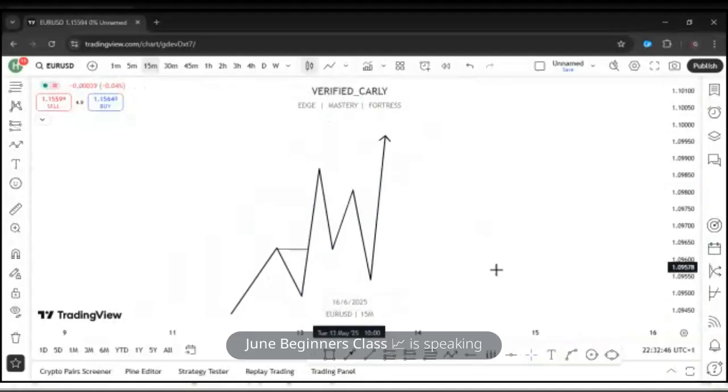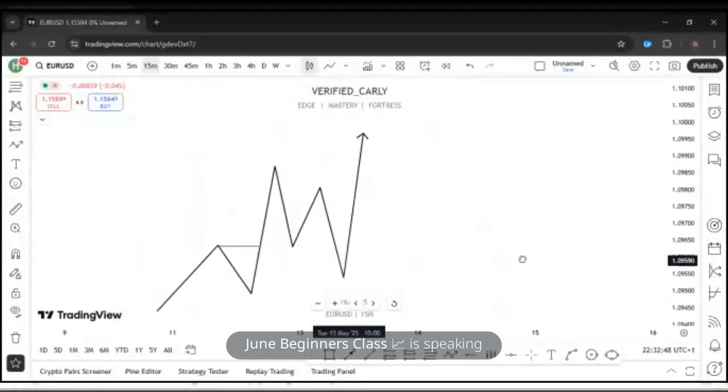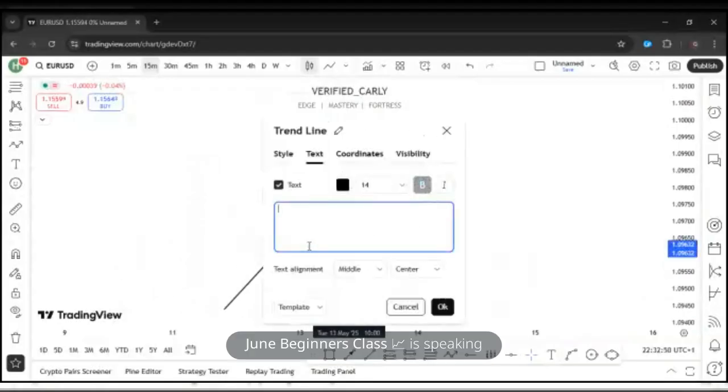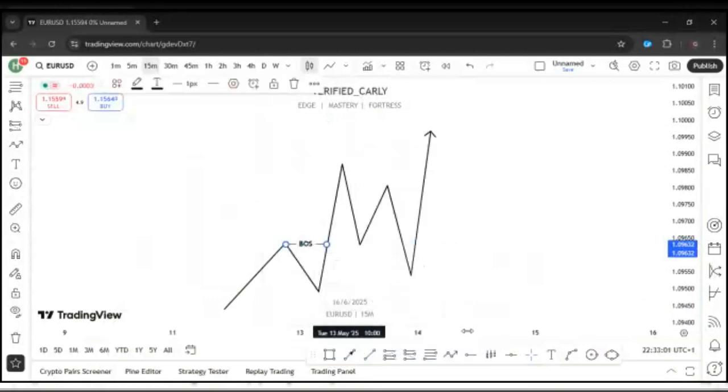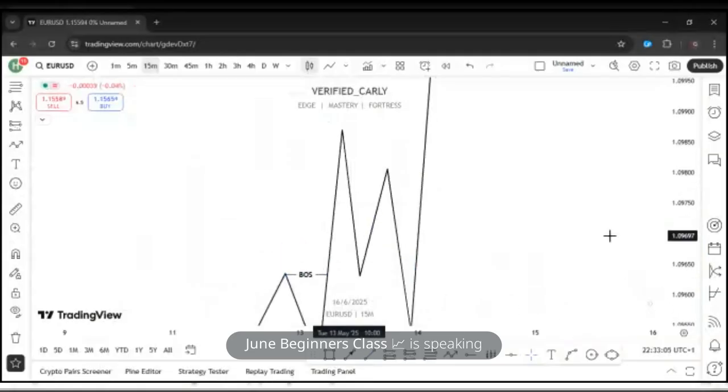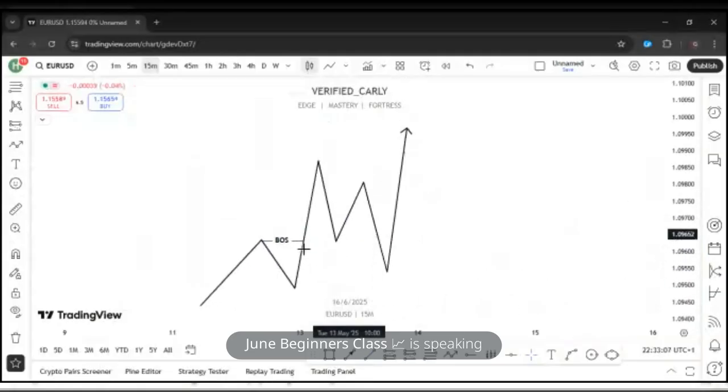We had a break of structure. Let me zoom in. You guys are saying BOS, for break of structure. So after price broke structure, what did it now do? It pulled back.